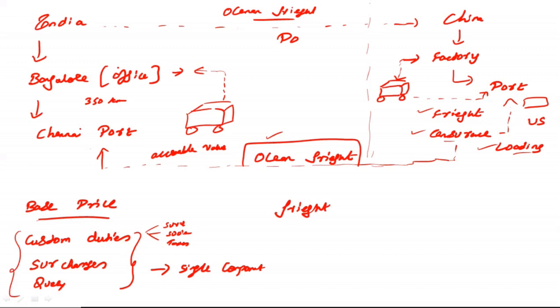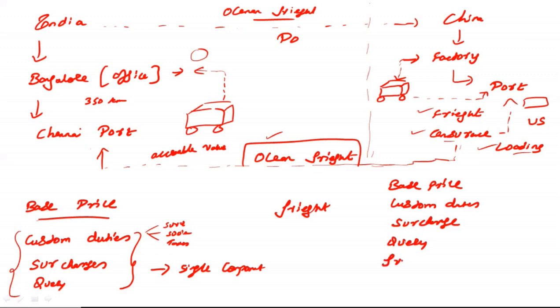So after all this is happening, here after calculation, first thing, you're getting a base price. Then you are going to pay the custom duties. You're going to pay the surcharge. Then you will pay for the query. Then the freight from port to office. Then you will have some value here. This value is your effective value or the total value.